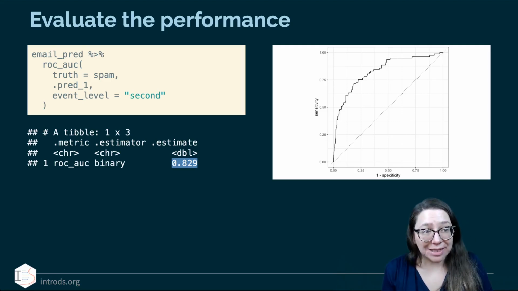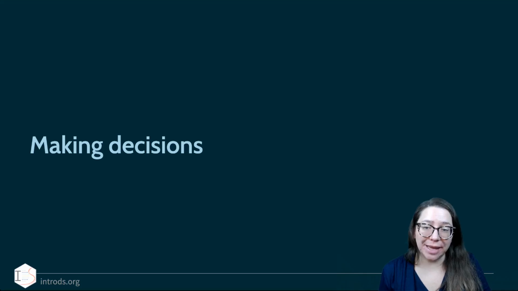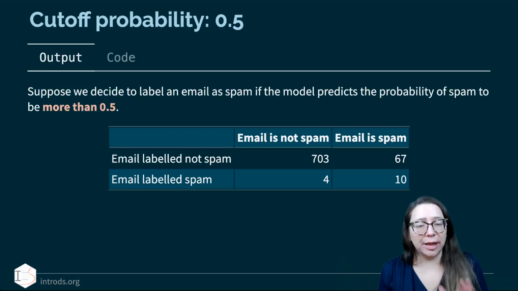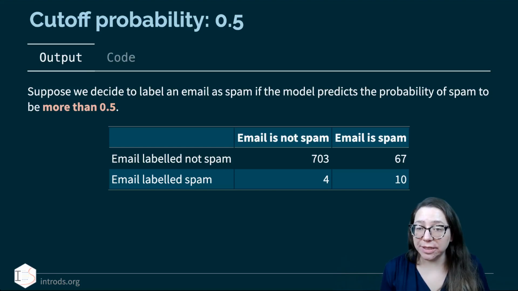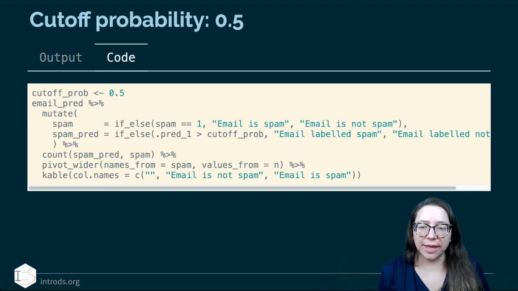All right, so as a last point, let's talk a little bit about making decisions. So suppose that we decide to label an email as spam if the model predicts the probability of spam to be more than 0.5. If I was to do this, and we can take a look at my code here, what I've done is I've taken a look at the probability that the model predicts the email is spam, and I've used a cutoff value of 0.5.